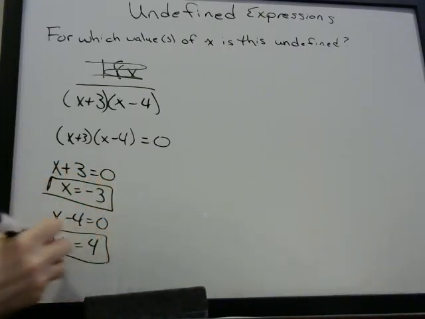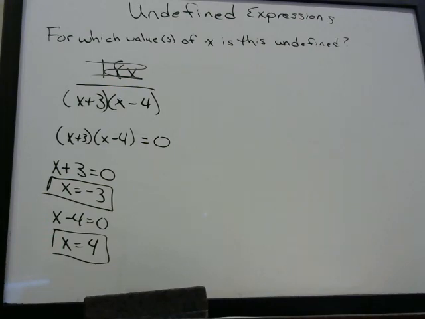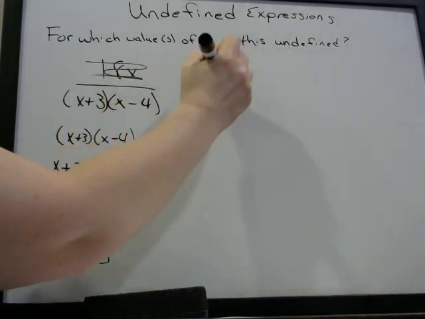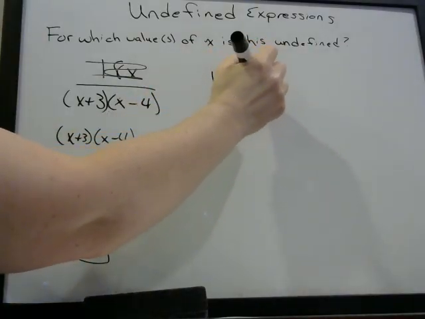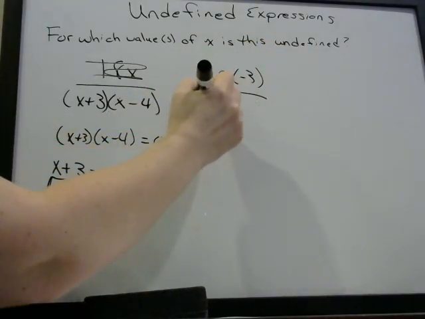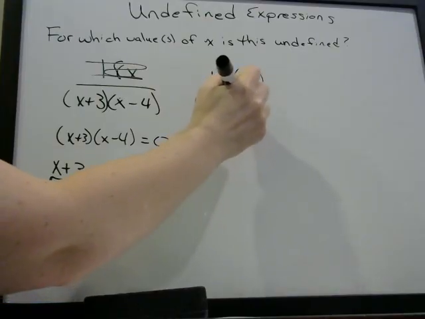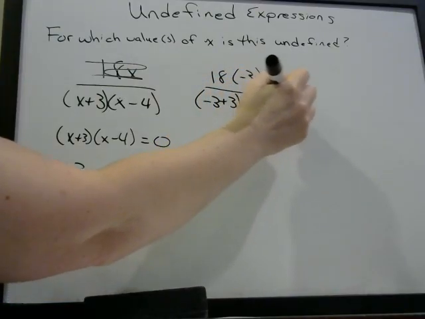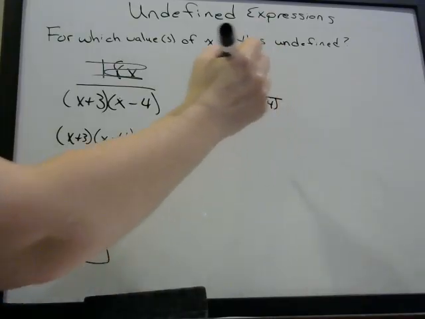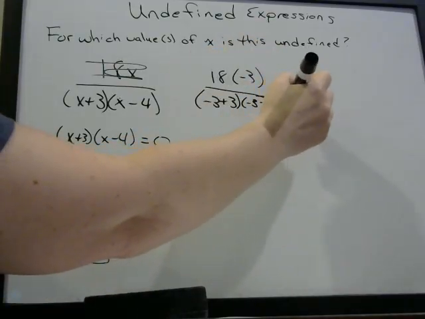x equals -3, x equals 4. So let's plug those in just to show. x equals -3: 18 times -3 over -3 plus 3 times -3 minus 4. Okay?